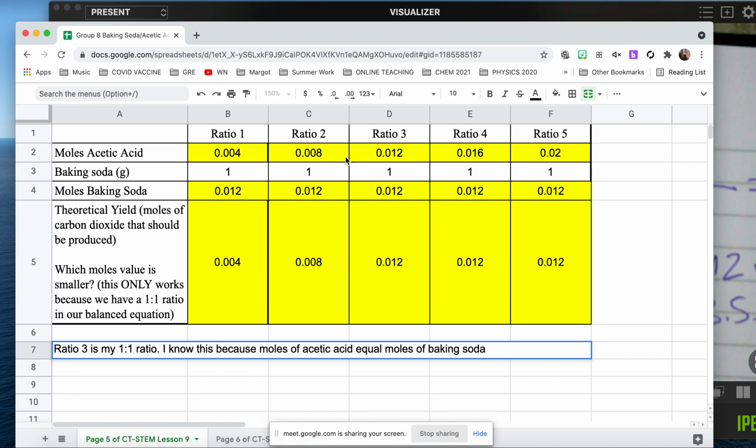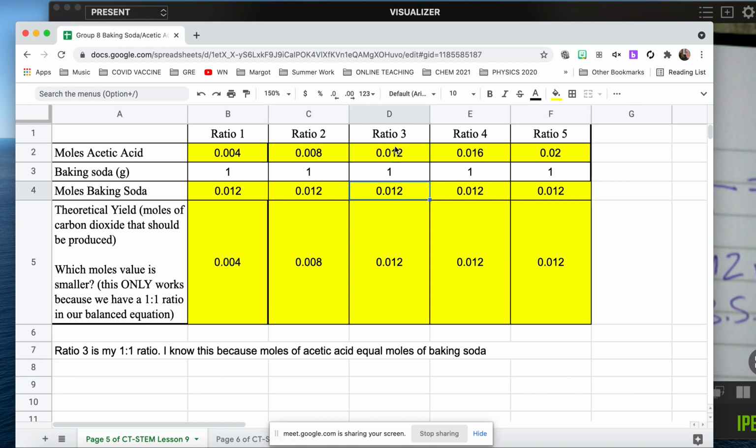Do we see how these two values are exactly the same? That means that this is our 1-to-1 ratio. A good check to see if you've done the math on this page correctly is that you should also have a 1-to-1 ratio. It may not be number 3. It also may not be that your 1-to-1 ratio includes 0.012.